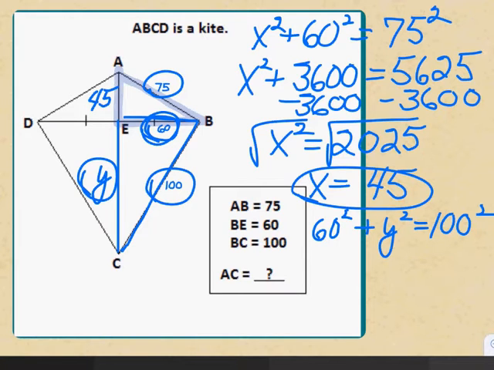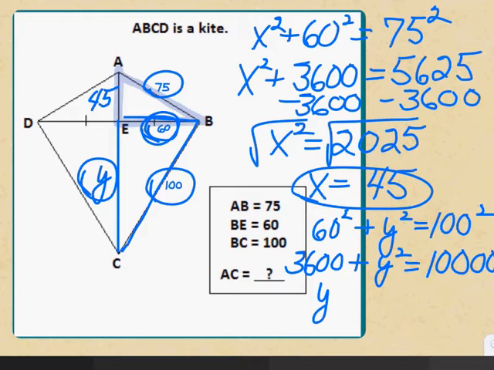Now that's a 3, 4, 5 triangle, but if you didn't recognize it as such, you have 3,600 plus y squared equals 10,000. So you subtract 3,600 from each side of the equation, and you get y squared equals 6,400. So y equals the square root of that, which equals 80.